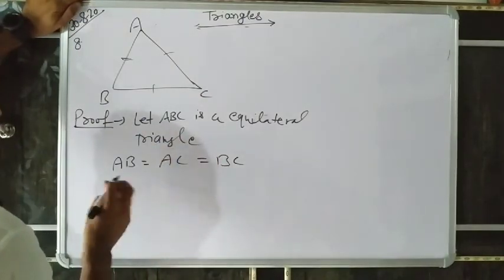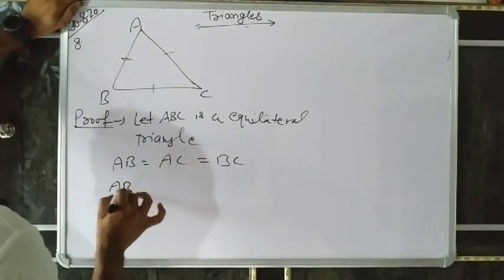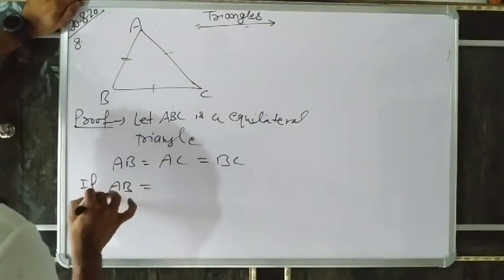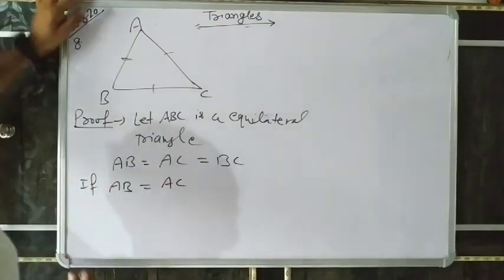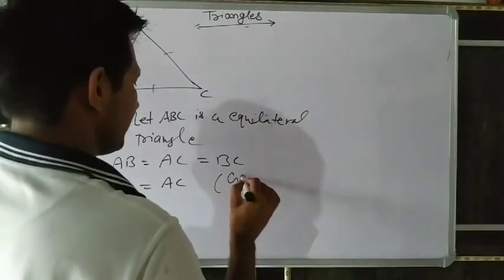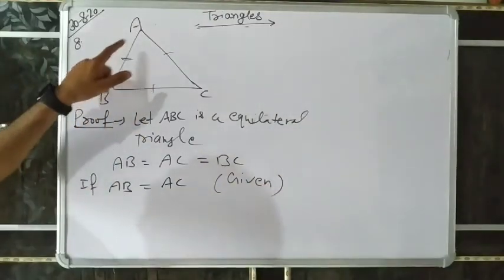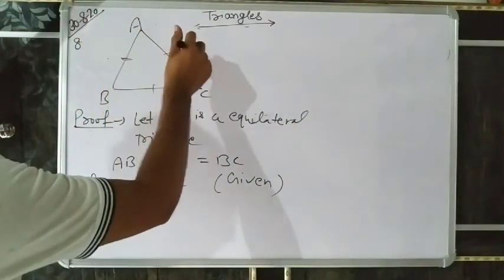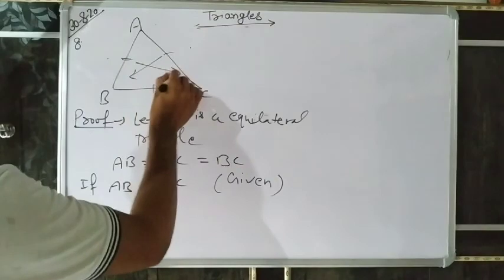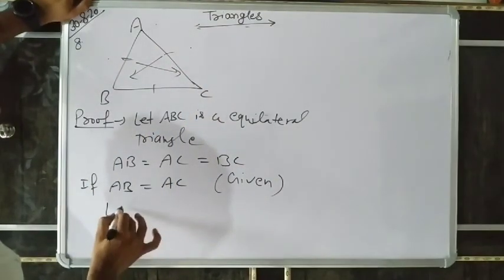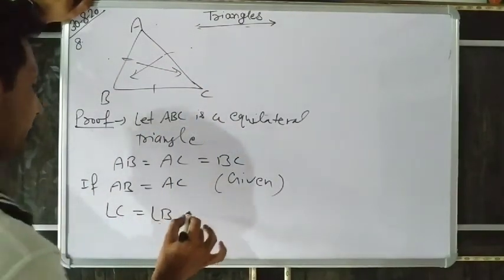So first we will take the first case: AB equal to AC, only this one. This side equal to this one, then opposite of this angle and opposite of this angle, angle C equal to angle B.